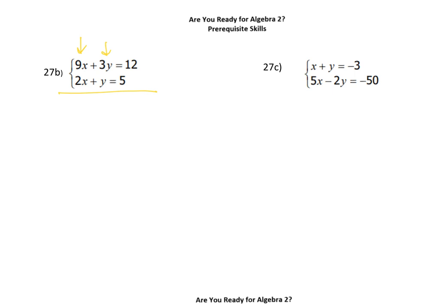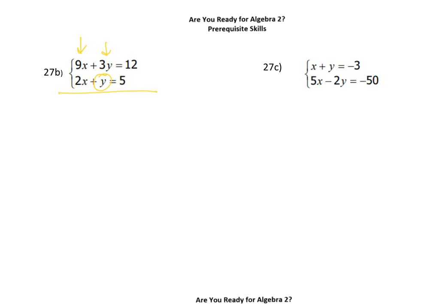Now I like to change the equation if there's a variable that has a coefficient of 1. That's the easiest equation to change, because we can multiply that one equation by whatever number we need to cancel out with its other like term.